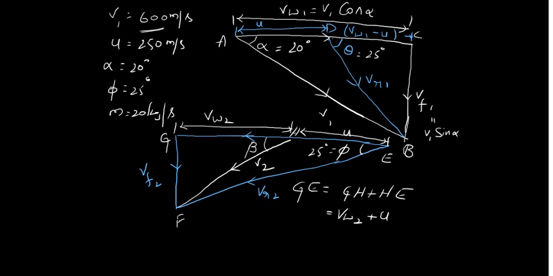If I get the value of VR1, automatically I can get the value of VR2, right? And if I get this value and the angle phi is given here, can I get the value of VW2?